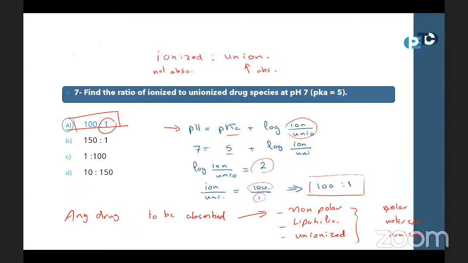According to the calculation that we have here, we saw that the ionized part in comparison to the unionized part, we have 100 parts of the drug in the ionized form and only one part in the unionized form. This means that this drug has a very little absorption rate. Is it clear or not?